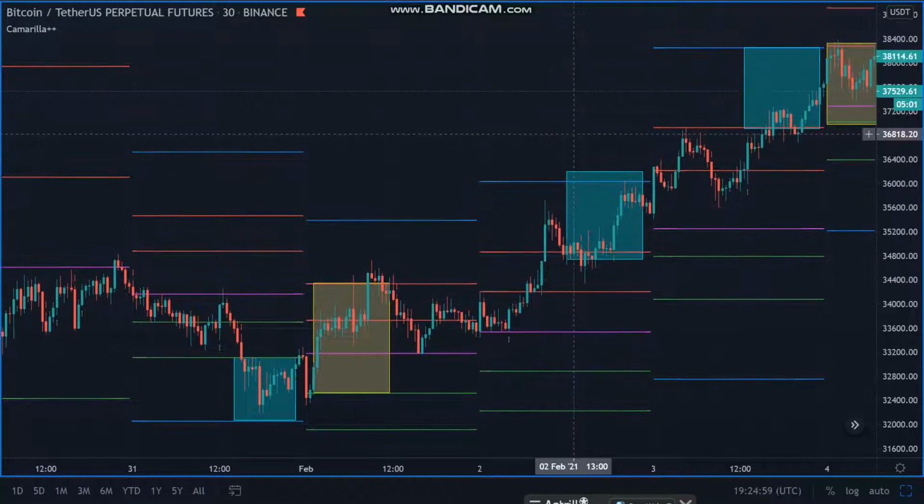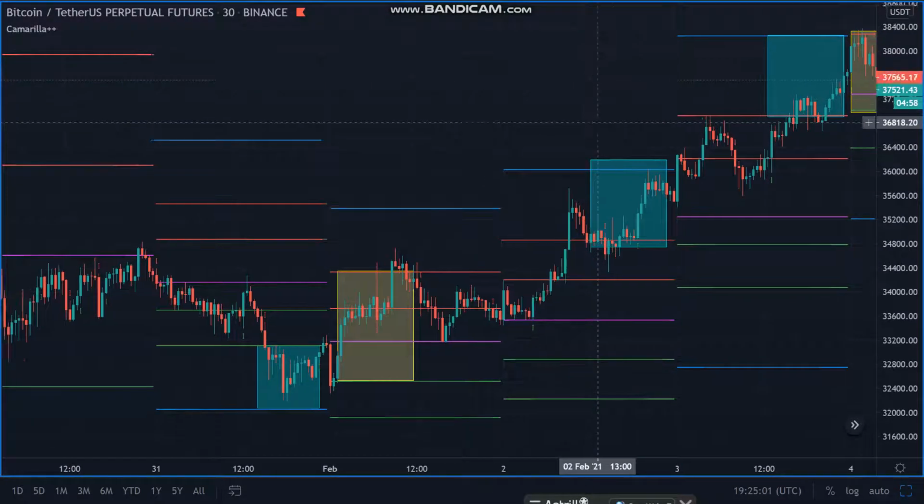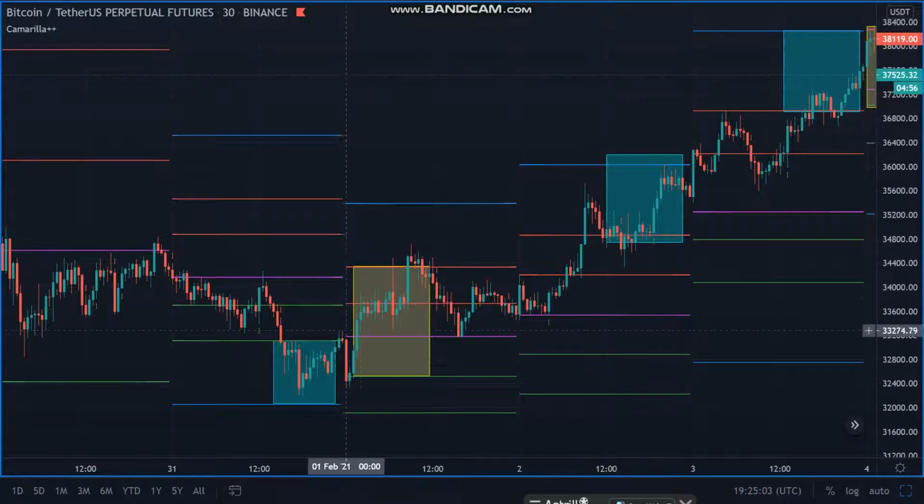Camarilla Pivot traders, people who are aware of these levels, will be able to jump in the market, like here, and get a foothold on their day. They'll be able to go up to the H3, maybe take another trade.